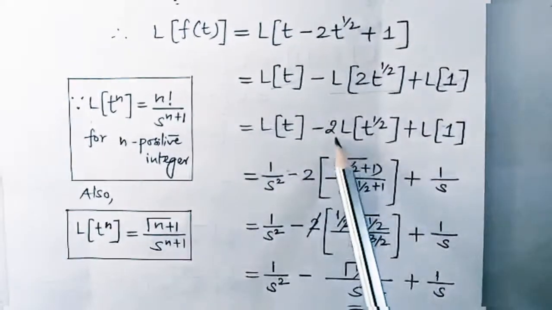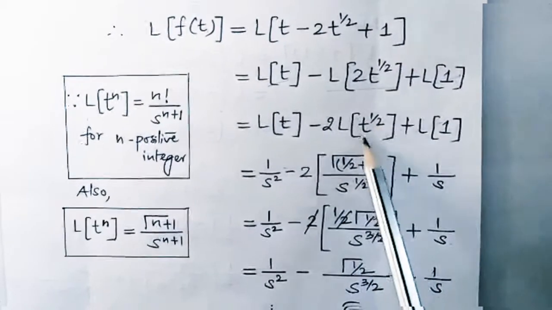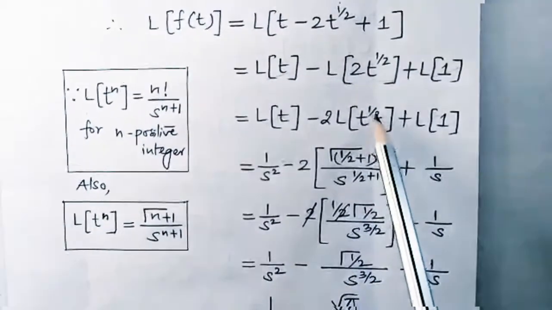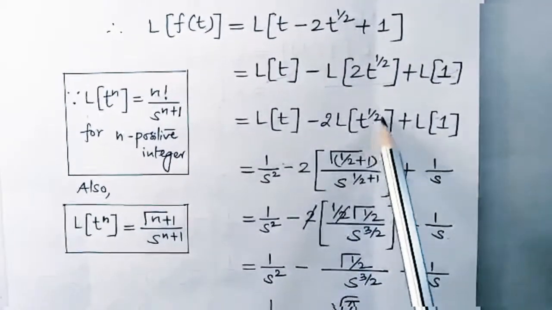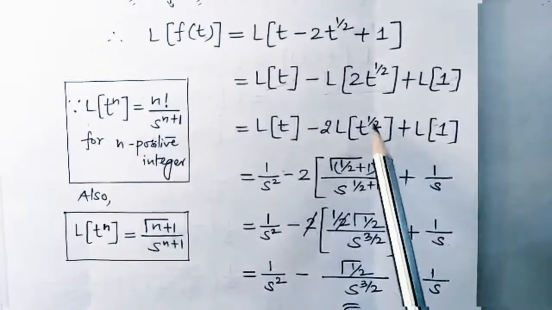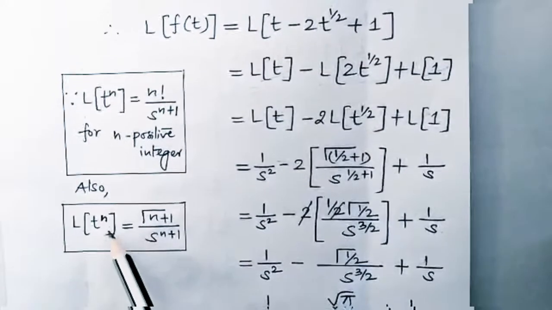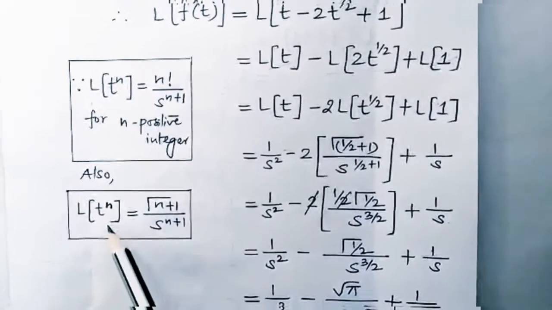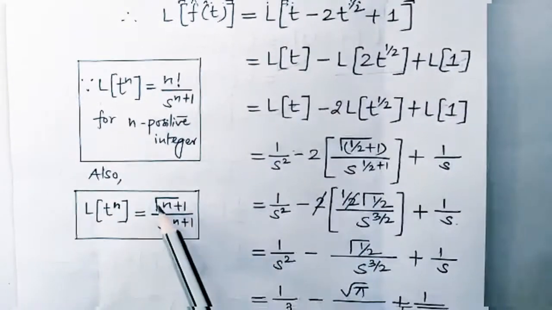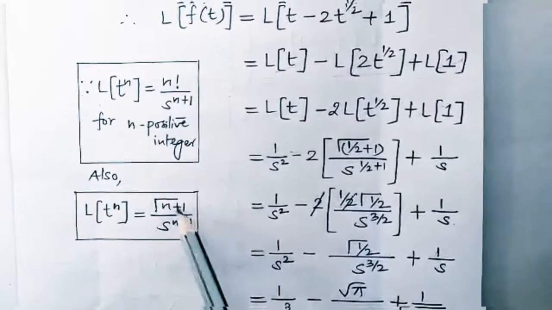Now here, minus 2 times Laplace of t raised to 1 by 2. Apart from n being a positive integer, whenever we come across fractions also, we adopt this generalized rule, that is Laplace of t raised to n is gamma of n plus 1 divided by s to the power of n plus 1.